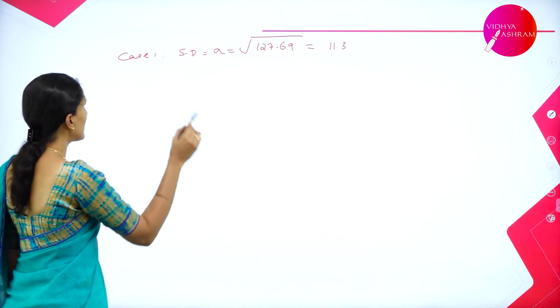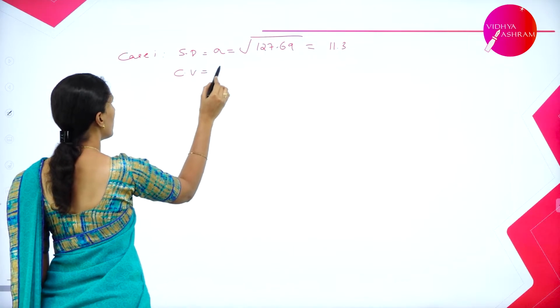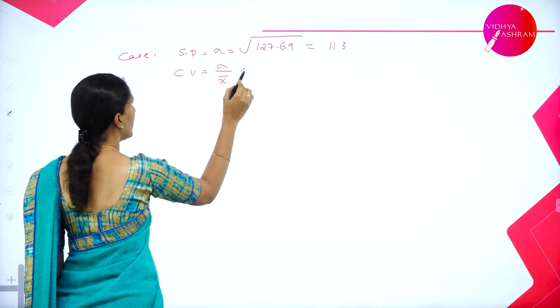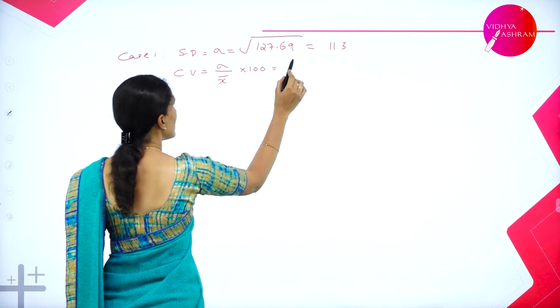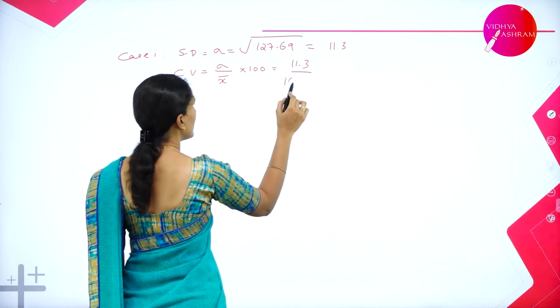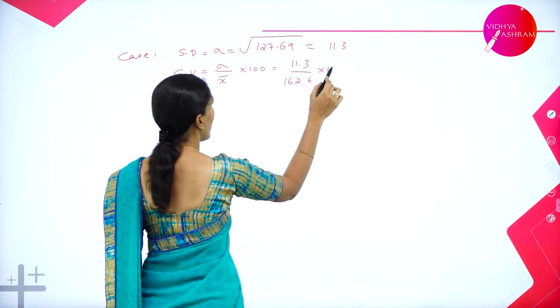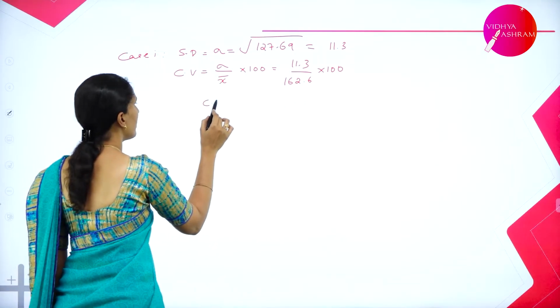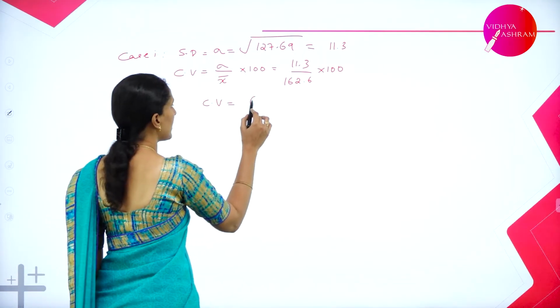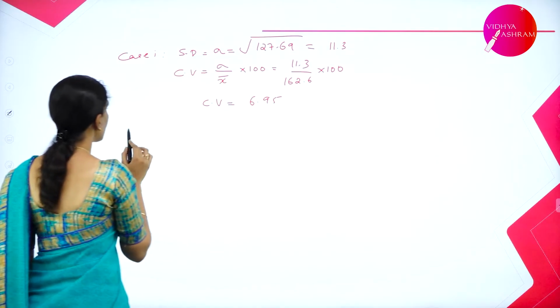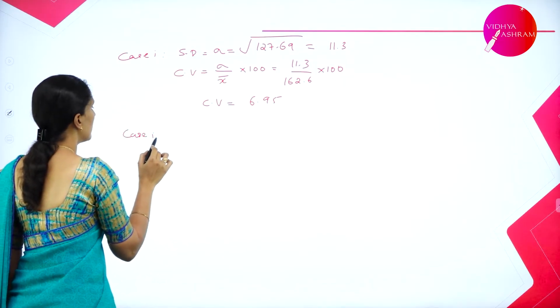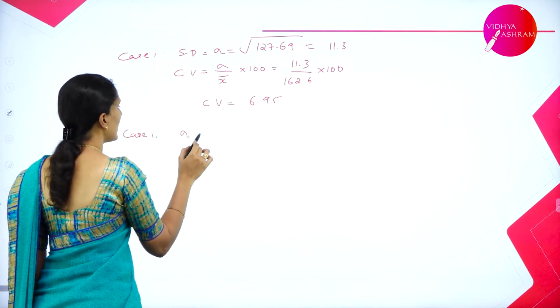Next we will calculate CV for this. CV is equal to sigma by x bar into 100. Now sigma is 11.3 and x bar is 162.6, into 100. So here CV is equal to 6.95. Let's calculate the standard deviation for the second case.